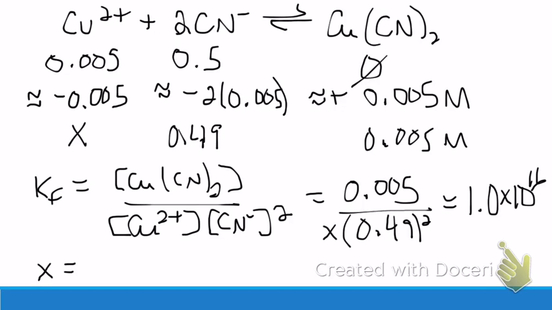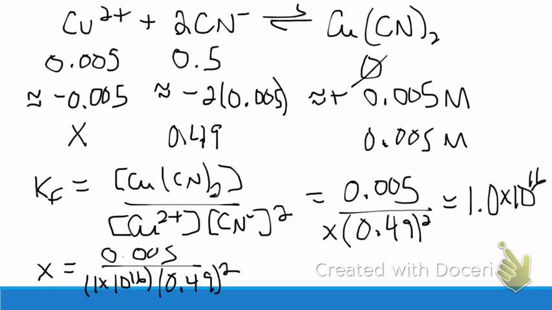This gives us an x value that's equal to 0.005 over 1 times 10 to the 16 times 0.49 squared. And then finally, when you solve for x, you get 2.08 times 10 to the negative 18.